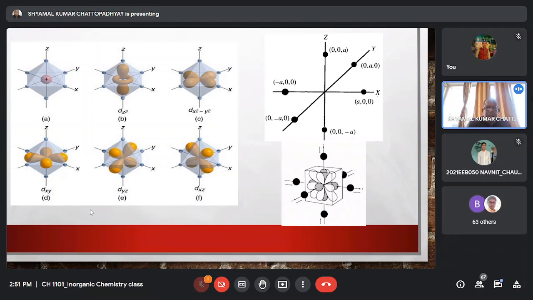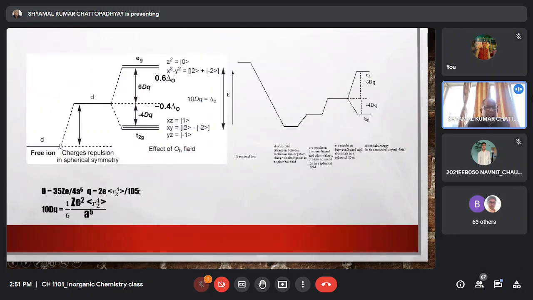And as a consequence of this, we have this energy diagram with which you are very much familiar.